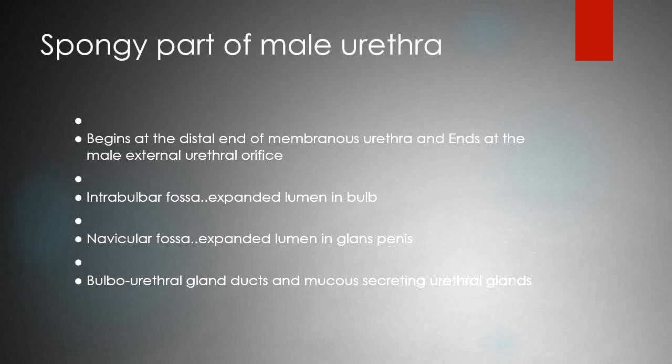As I have already told you, the ducts of the bulbourethral glands open into the proximal part of this spongy urethra, plus there are some mucus secreting urethral glands. They also open into the spongy urethra.